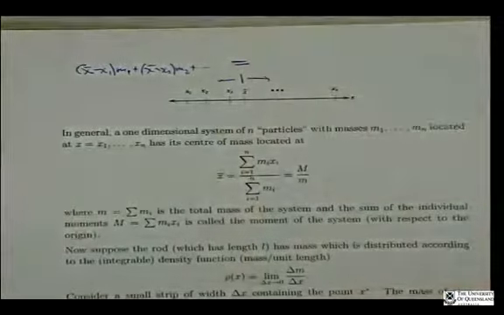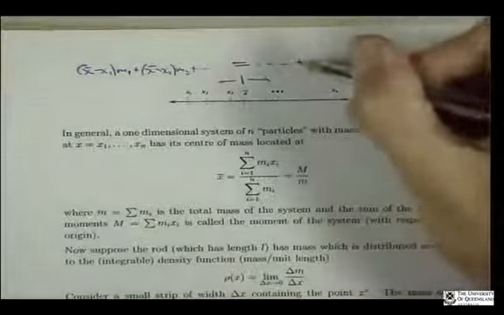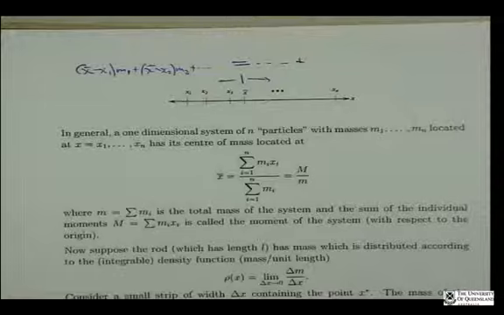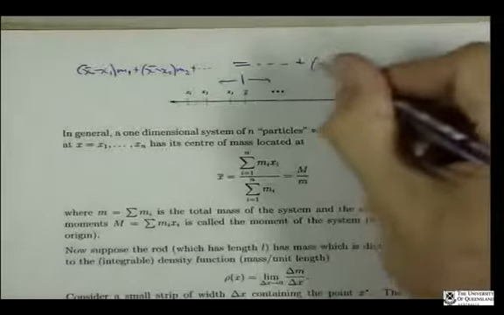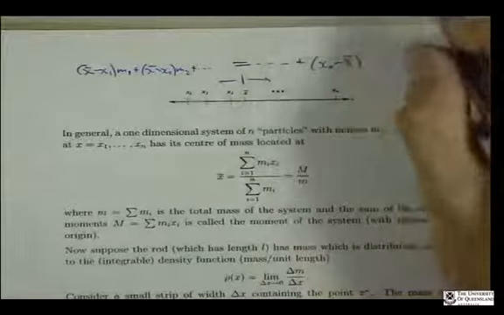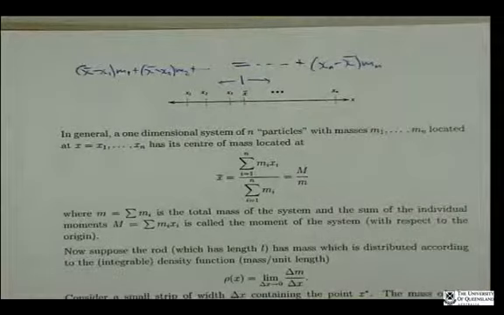This will equal the sum of all the terms corresponding to the point masses to the right of x bar. In this case, that's xn. We'll have all these terms of the form xn minus x bar times that particular mass, mn.